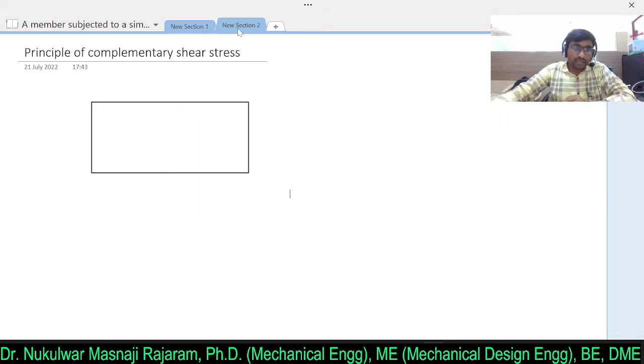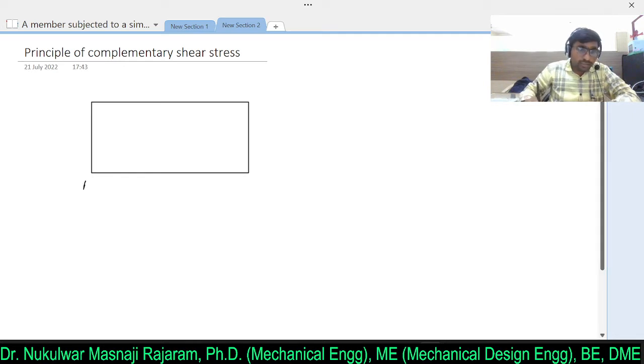Before that, I would like to explain the principle of complementary shear stress. Now let's say this is a bar ABCD having unit thickness. So if you observe, this particular bar is a 3D bar having unit thickness, so thickness is 1.